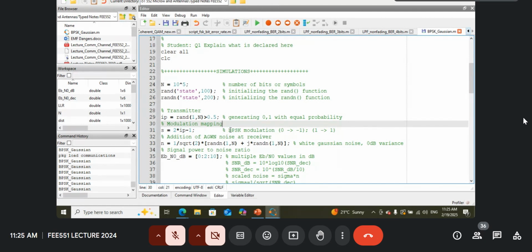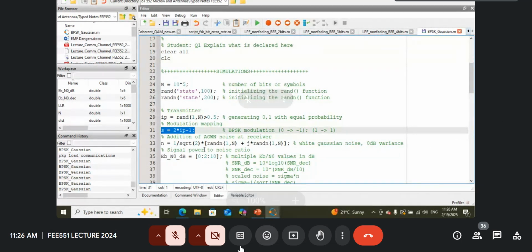So here, can somebody tell me the value of S if IP is equal to 0? What will be the modulated symbol? Perform that modulation for a 0 input. -1.